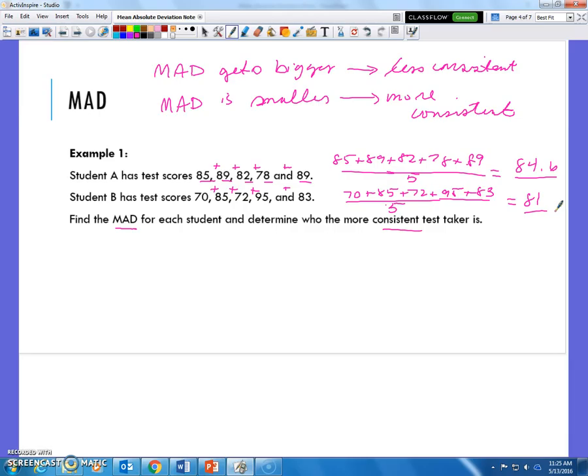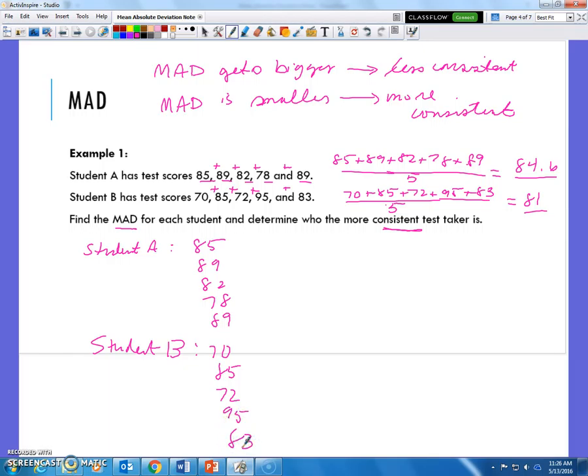It asks us who's more consistent, and to determine that, we need to find the MAD, the mean absolute deviation. So what I need to do is take every data point for student A: 85, 89, 82, 78, and 89. I'm going to write it a certain way, and I hope you write it the same way in your notes. And student B's test scores were 70, 85, 72, 95, and 83.